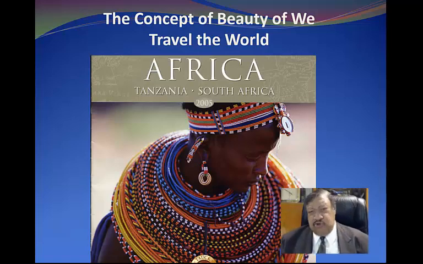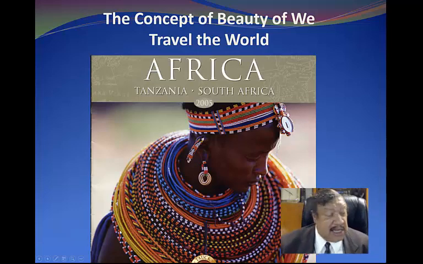So, would you buy a necklace like this? As a matter of fact, could you find a necklace like this in New York or anywhere else? Probably not. I was fortunate enough to visit the Maasai tribe in East Africa. This woman has hair with a band around it, but among the people I visited, the women shaved their hair off, and the men would put a lion's mane on their heads.